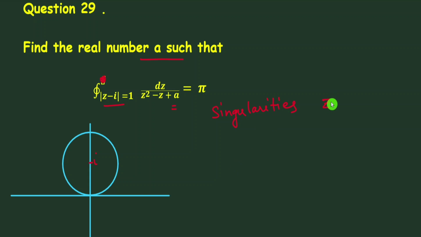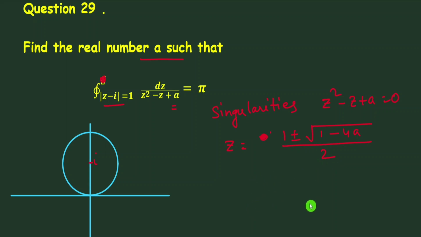Singularities are z square minus z plus a equal to 0. Now this gives z equal to (1 plus minus root of 1 minus 4a) by 2.